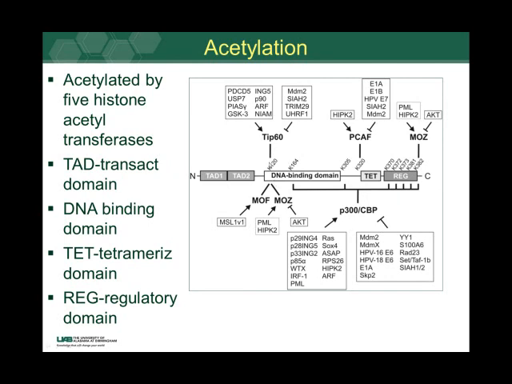And there are a number of domains: the transactivating domain, the DNA binding domain that has 2 lysine residues that are acetylated, the tetramerization domain, and then the C-terminal regulatory domain that also has a number of residues that are acetylated.